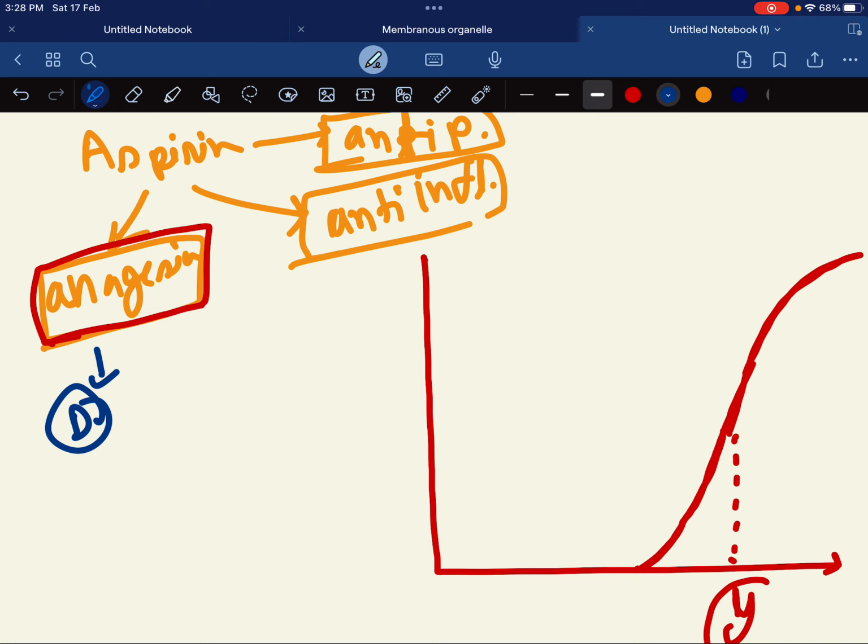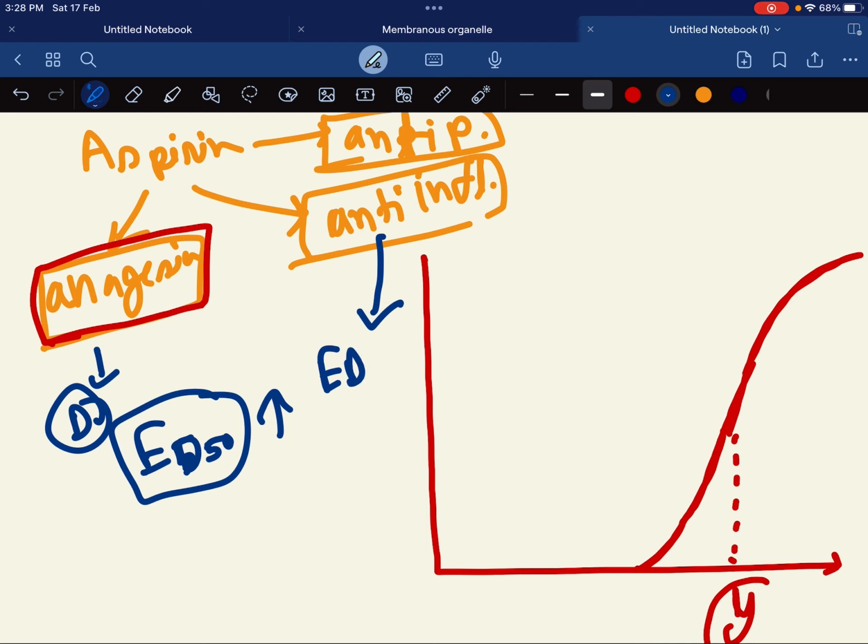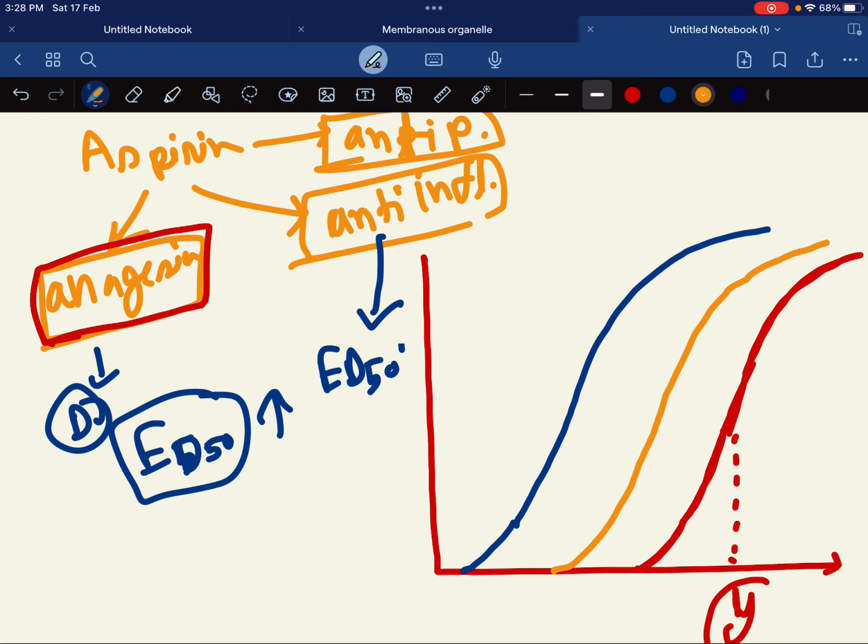That means for analgesic purposes ED50 is less, but for anti-inflammatory function ED50 is more. So let's say for analgesic function this is our dose response curve, but for anti-inflammatory purpose this is our dose response curve. This is analgesic, this is anti-inflammatory, and this one is toxic.